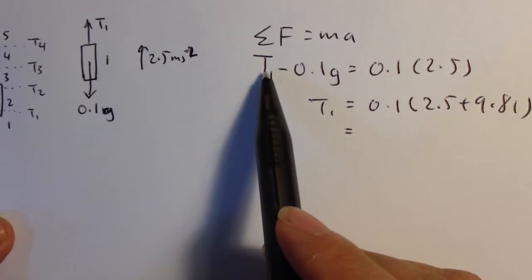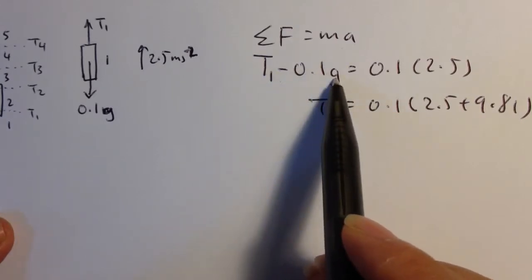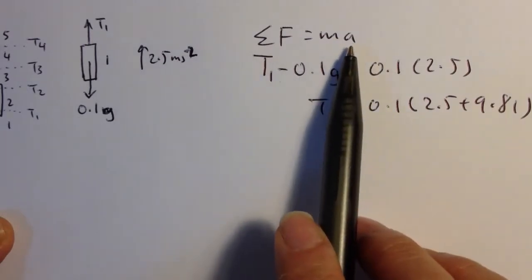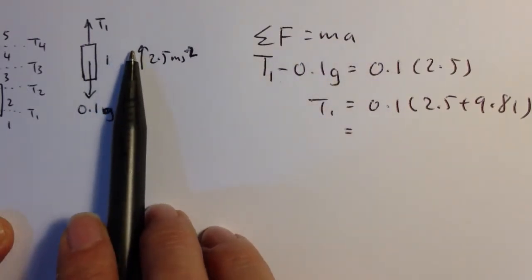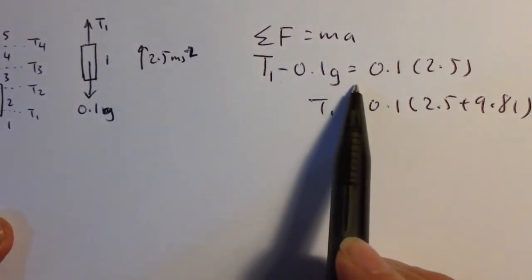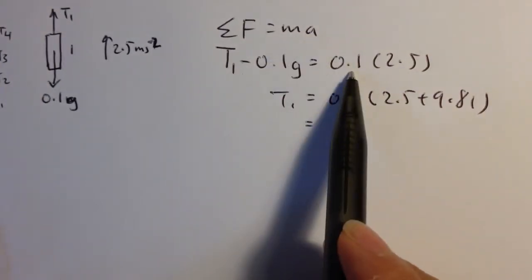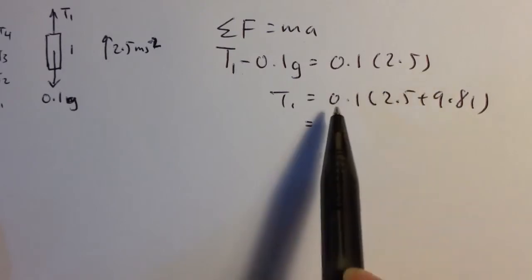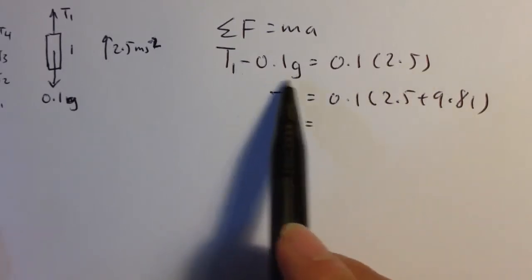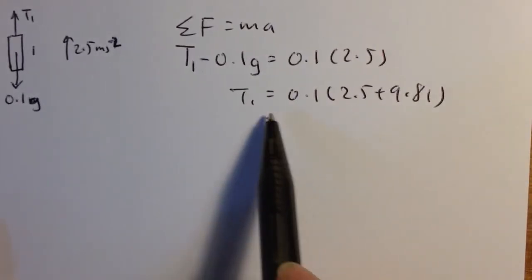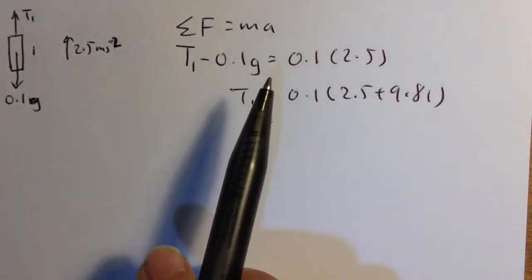Rather, it must be T1 minus 0.1 g, because the resultant force is pointing in the direction of acceleration, which is pointing upwards, right? So the right-hand side of my equation will be 0.1, which is the mass of the link, multiplied by 2.5, the acceleration. You shift this term over to the other side, and you sum them up, you should get the answer 1.23 Newton.